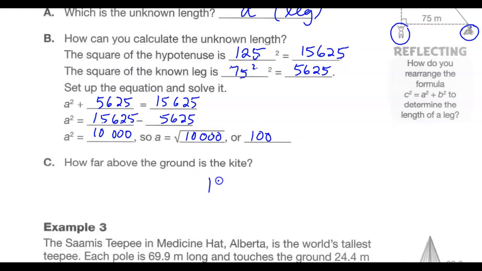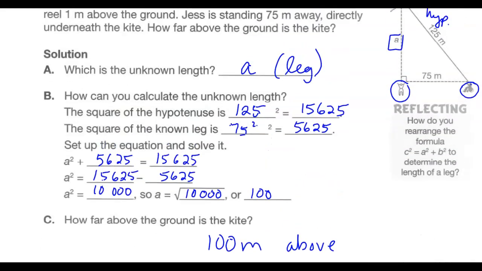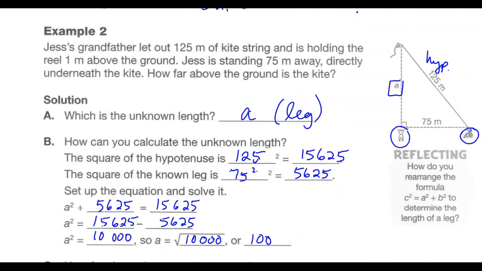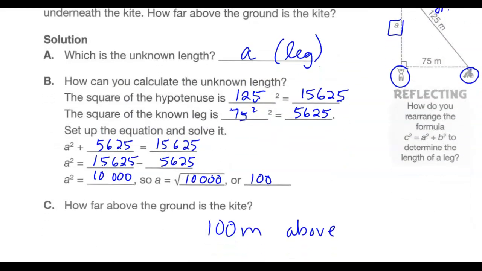It is 100 meters above Jess, and Jess is 1 meter above ground. So we have to go 100 plus 1 equals 101 meters above ground.